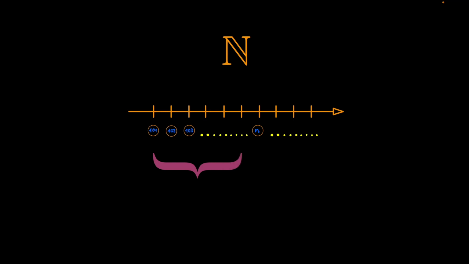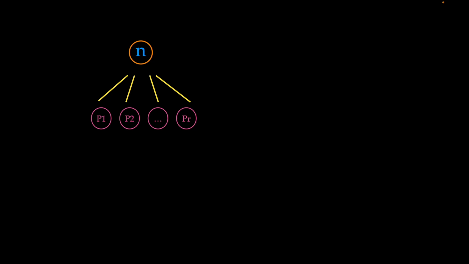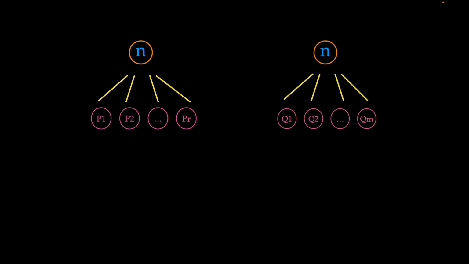So let's take a look at the 2 prime factorizations of n. n can have the prime factorization of p1 times p2 times so on times pr, but also it can have the prime factorization of q1 times q2 times so on times qm.